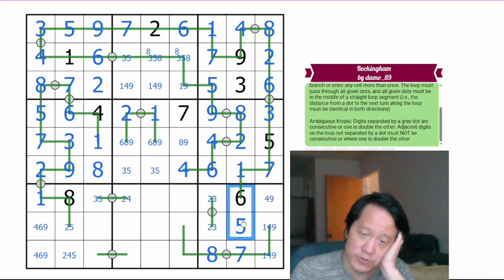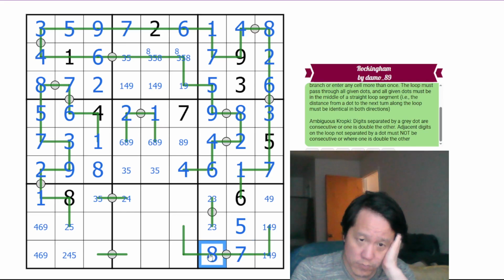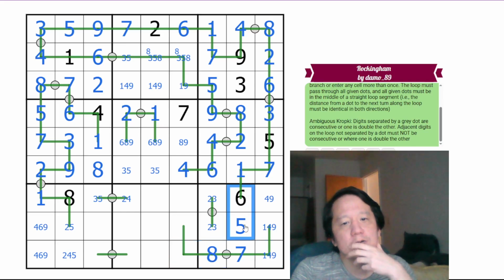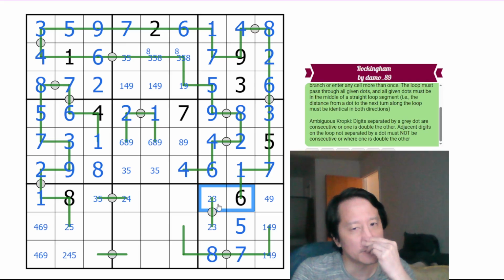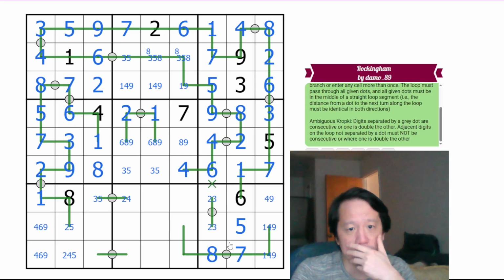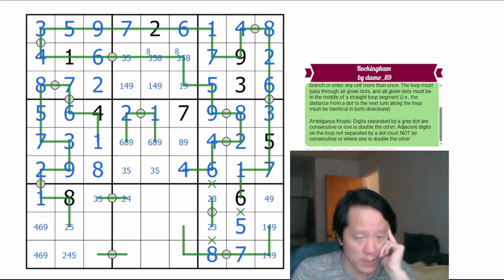6 cannot go to the 5 here. That means it either goes here or it goes there. This cannot go that way. This cannot go that way. This can't go there.